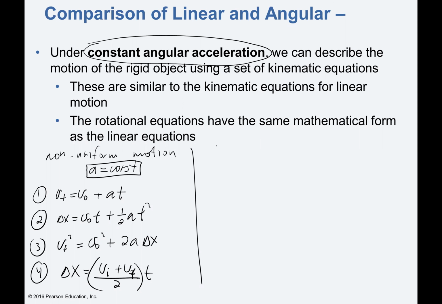That means we can still have non-uniform angular motion. And if alpha is constant, that means angular acceleration is constant, then we can have angular kinematic equations.